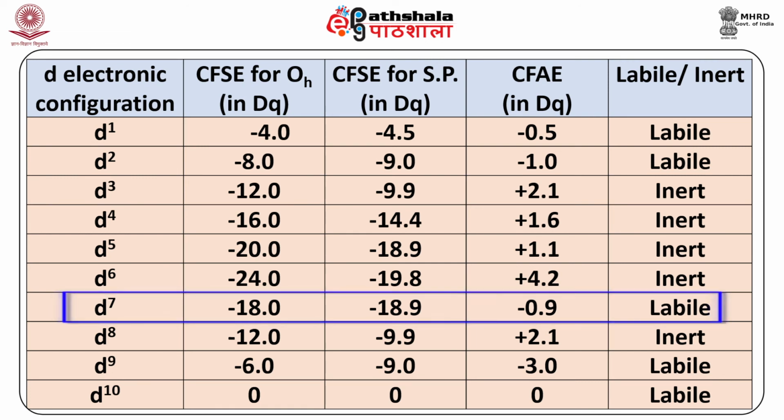In case of d7, the value will again become negative and the molecule will be labile for the dissociative substitution reaction. In d8 case, for both high spin and low spin cases, you can find the value of crystal field activation energy is equal to plus 2.1 Dq, meaning it would be inert for a dissociative mechanism.